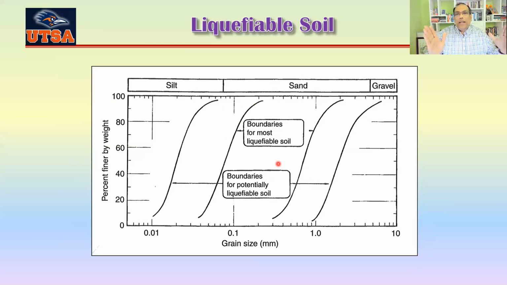Then you draw these two lines here and say, this is the potentially liquefiable soil. And if you have any soil outside that boundary, then you can tell that this soil is not going to liquefy. Sometimes some part of the soil is within that boundary but another part is not. Then basically this will become partially liquefiable. Okay.